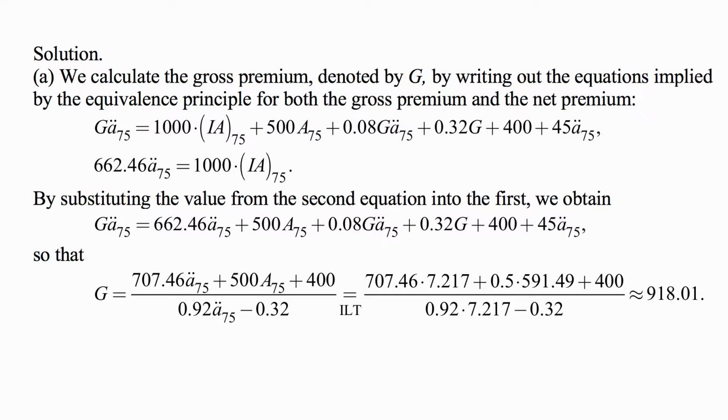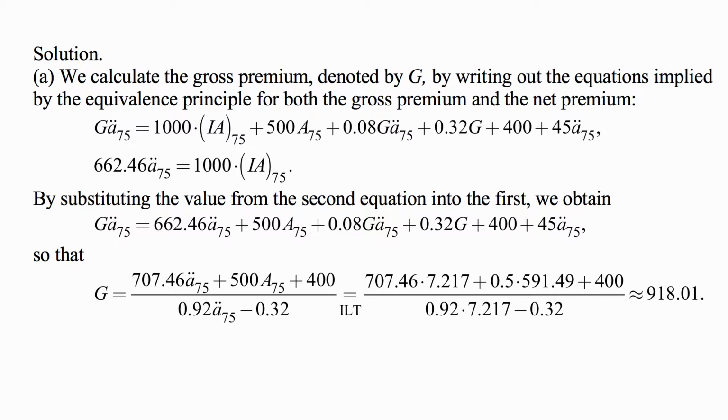That of course tells us that we can take the second equation's value for the death benefit and put that 662.46 into the first equation, replacing the death benefit there. From that we can solve that equation for G, and it becomes (707.46 ä75 plus 500 A75 plus 400) divided by (0.92 ä75 minus 0.33).